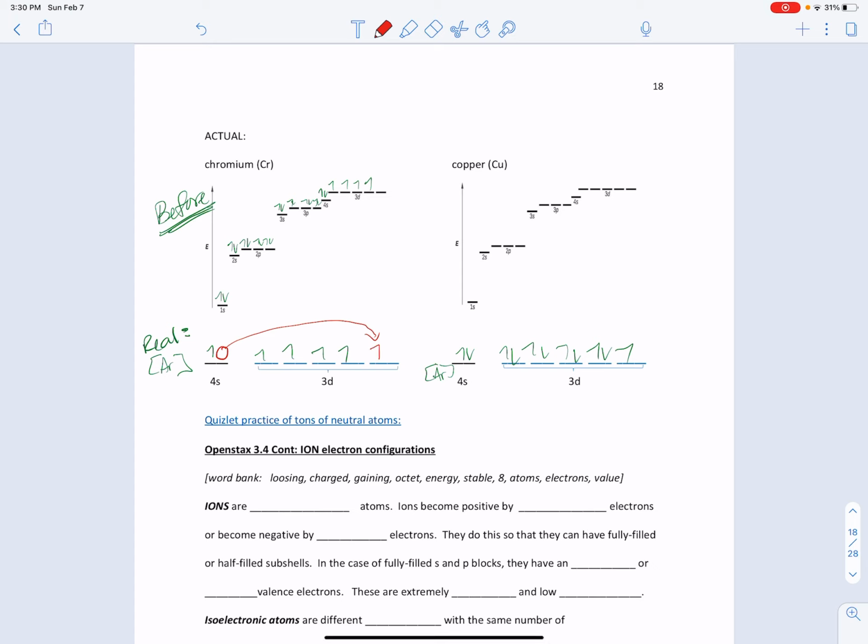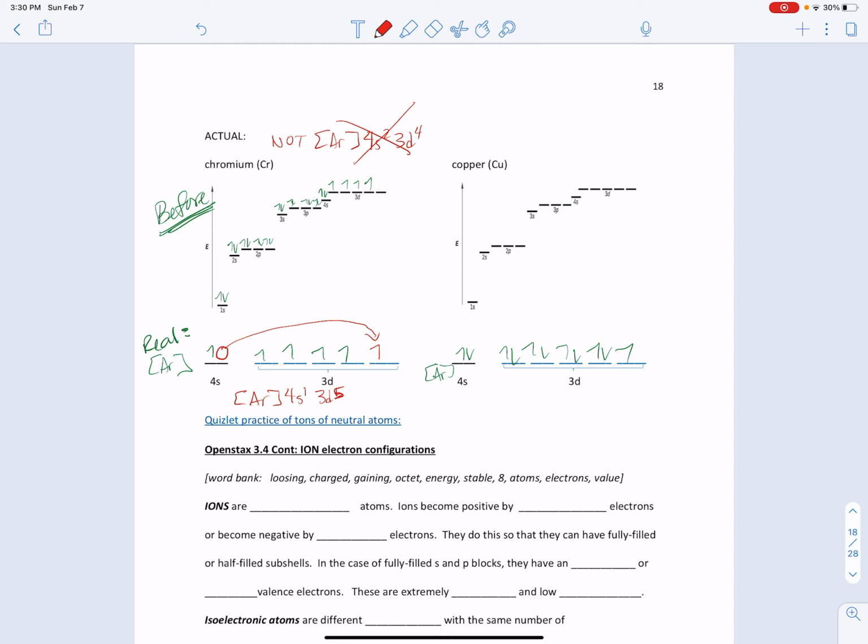So chromium's configuration is not argon 4s2, 3d4. That's not what it is. It ends up being argon 4s1, 3d5. And that's all because of stability.